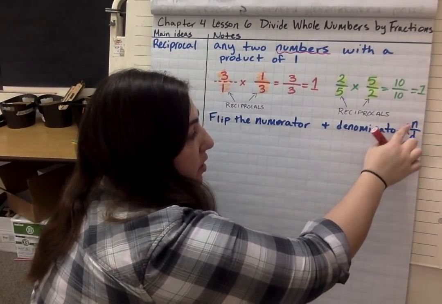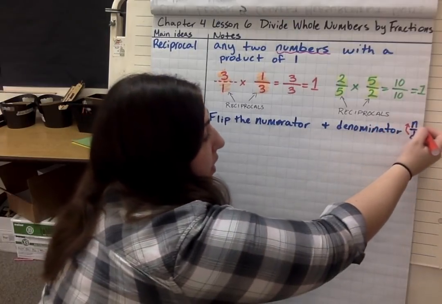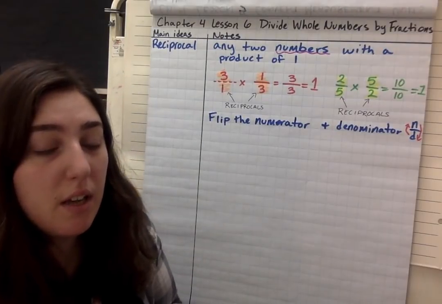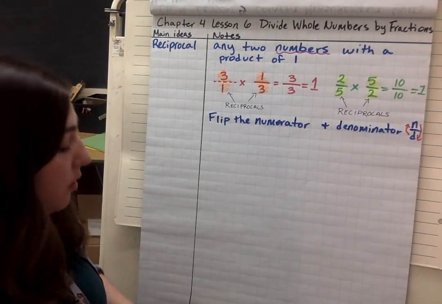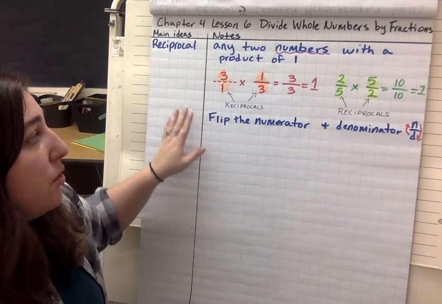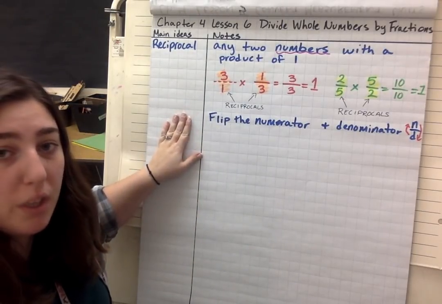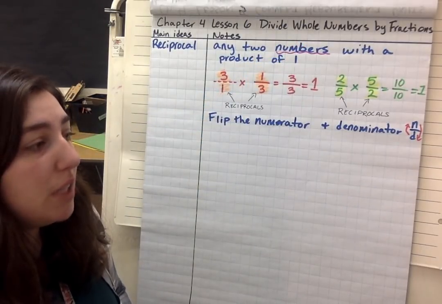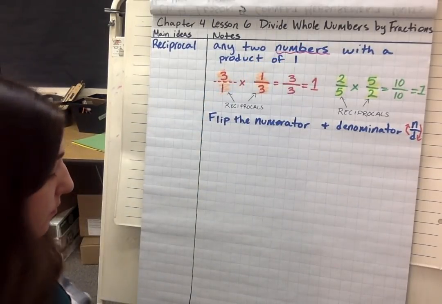So denominator is going to go into the numerator spot, and numerator is going to go into the denominator spot, and that's how you can find this reciprocal, okay? So that's how we're going to be using this as a tool and a strategy to divide whole numbers by fractions. So let's try that in an example.